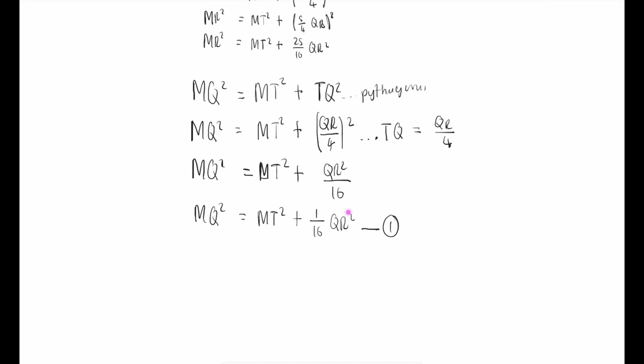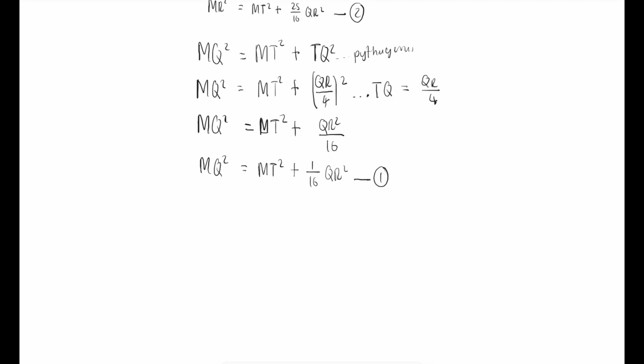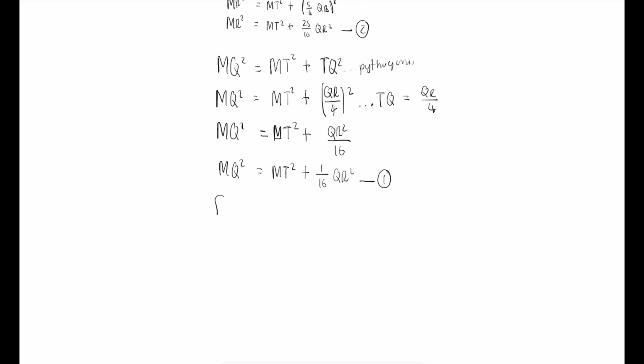And then, so what I want you to notice is that if we let this be equation 2, I can say that from my equation 2, MR squared is equals to MT squared plus. So now look at my 25 over 16 QR squared.